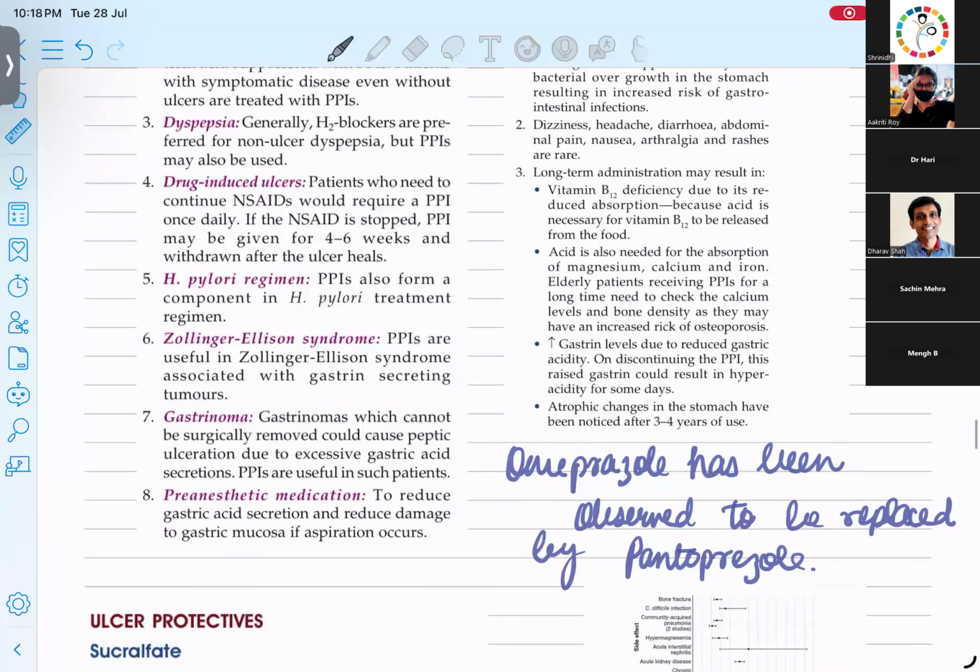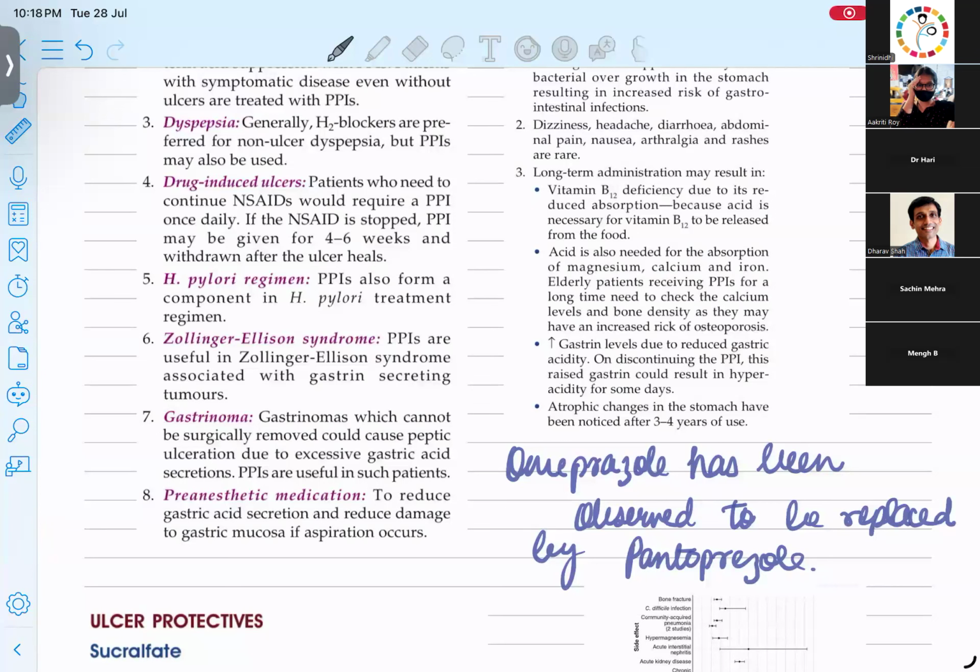Drug-induced ulcers, else. So we also discussed NSAIDs, with which PPI will be given, and in H. pylori regimen, PPI would be there. Zollinger-Ellison syndrome, though it is quite conflicting.